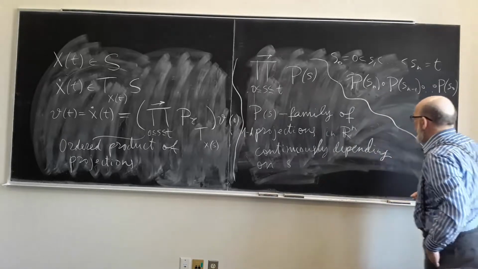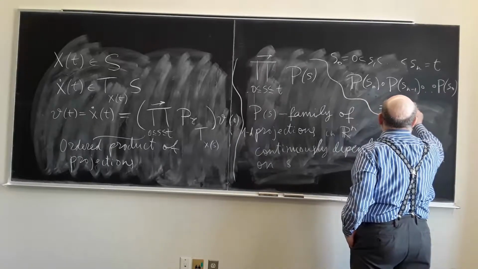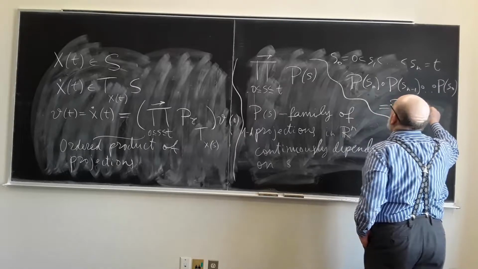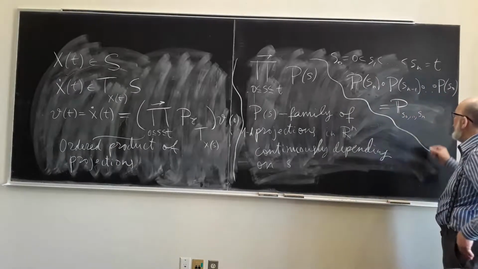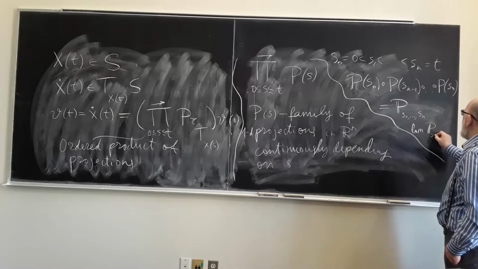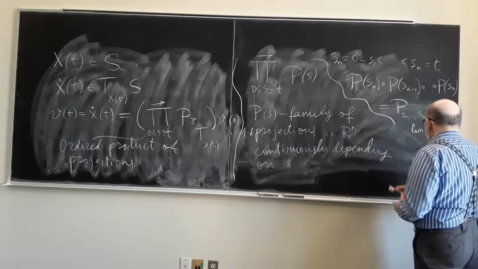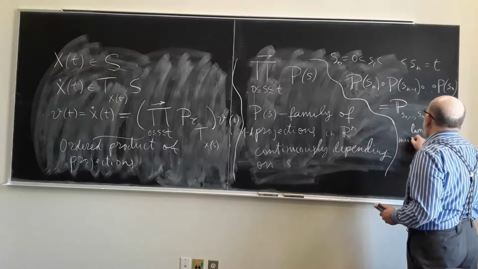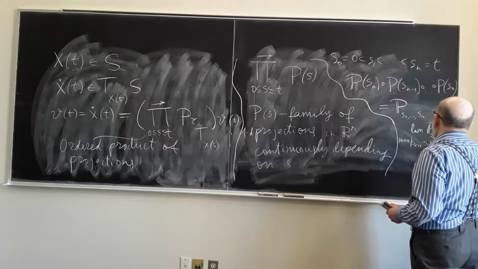Let us call this P of S0 Sn, this projector, and we consider the limit as the maximal modulus of s(k+1) minus s(k) goes to 0.